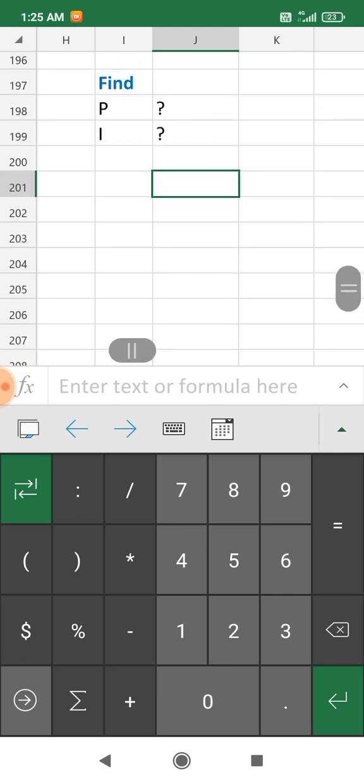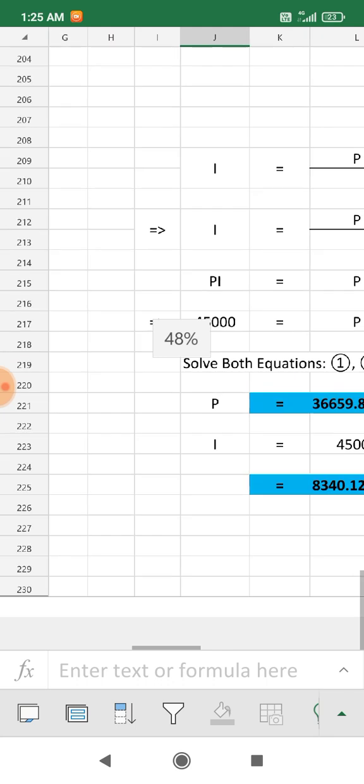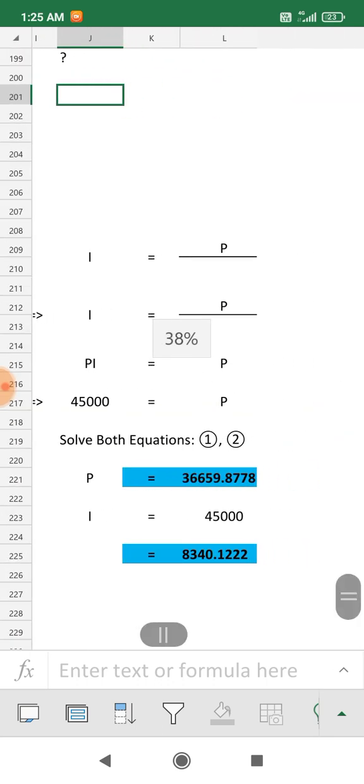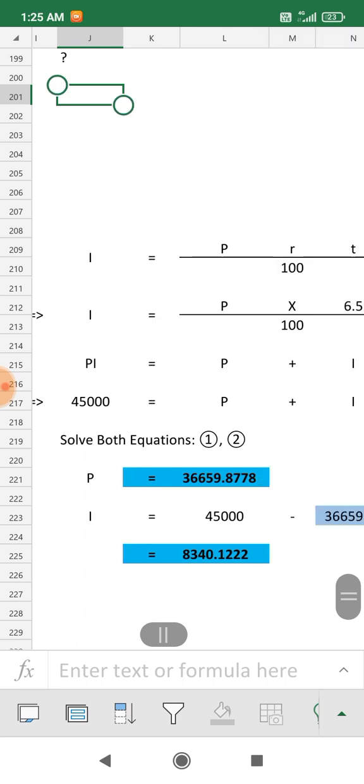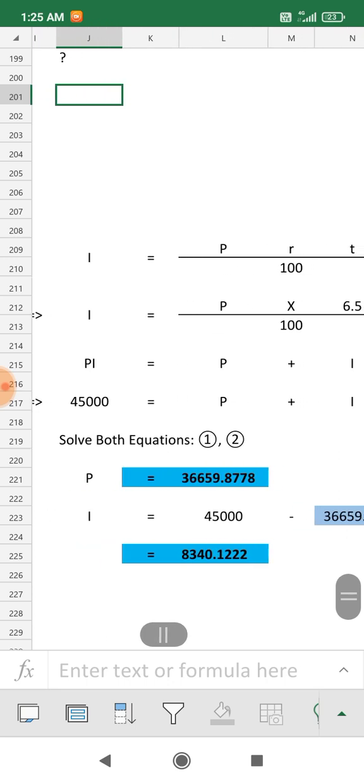We have to make the equation of this. Okay. So I am just zooming in so that we can see more portion at the same time. First, I equals PRT by 100.